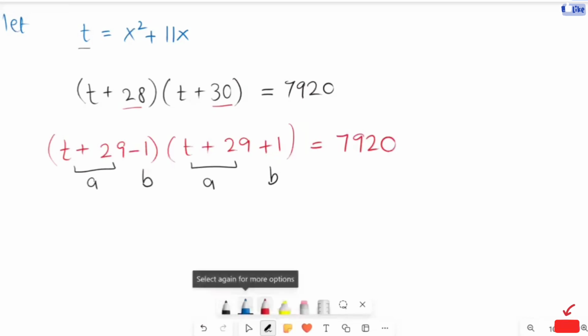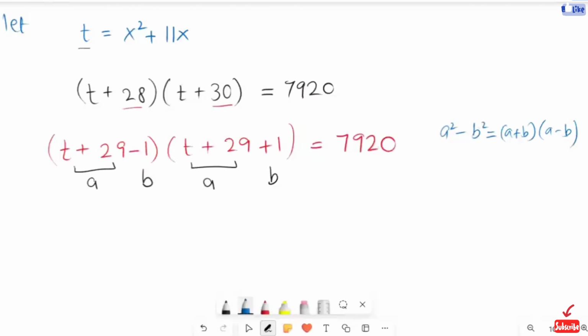Now I am going to use the algebraic identity, that is a squared minus b squared is equal to (a plus b)(a minus b). Here this is a and this is b, so I will write this as (t plus 29) whole squared minus 1 squared is equal to 7,920.